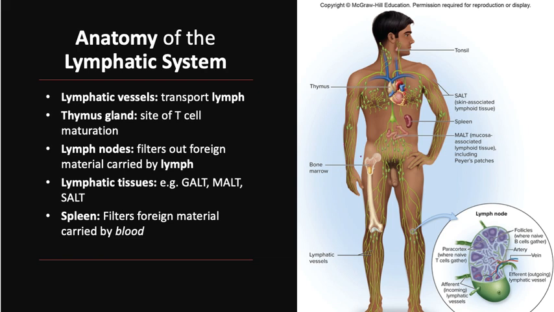These are a separate set of vessels that move fluids from our tissues back to the circulatory system. And as the fluid goes through these vessels, it'll pass through lymphatic nodes or tissues. And the fluids will be returned to the circulatory system right before the subclavian vein enters back into the heart.